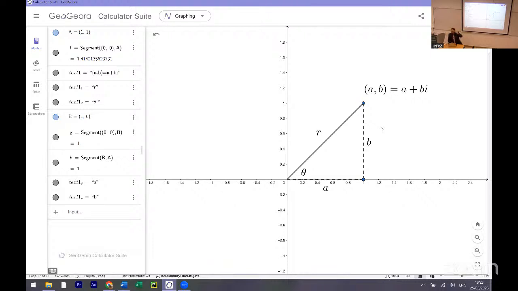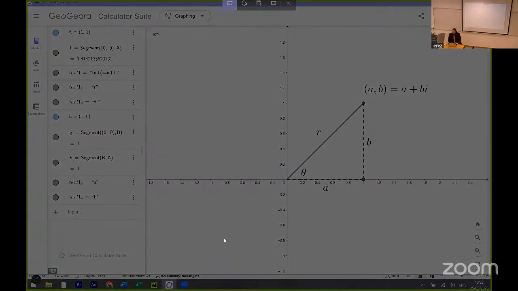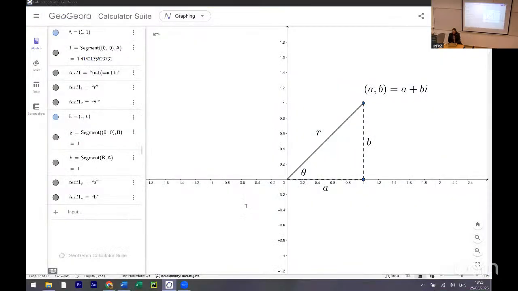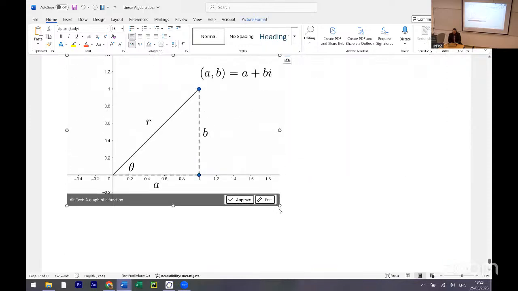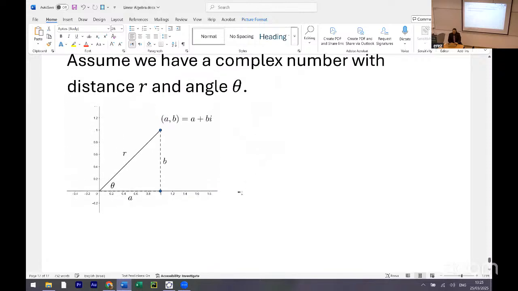The opposite over the hypotenuse equals the sine of the angle. Sine is opposite over the hypotenuse.